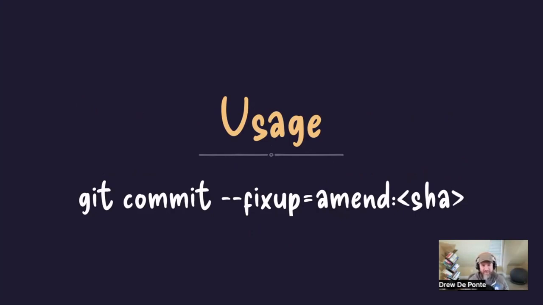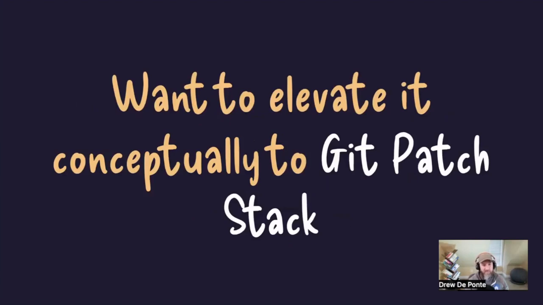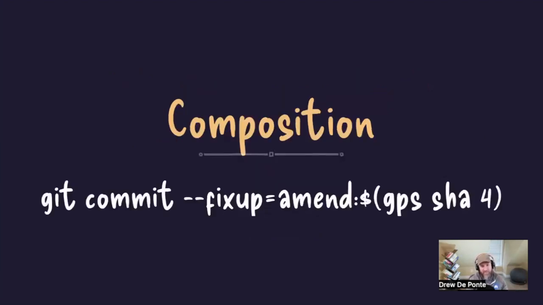Well, what if we want to elevate this to the conceptual level of patch stack? Instead of thinking about a SHA and a commit, we want to think in terms of patches. So we want to be able to do the same git commit --fixup command, but relative to a patch index, not to a commit SHA. Well, with the GPS SHA command, we can do that on the shell trivially.